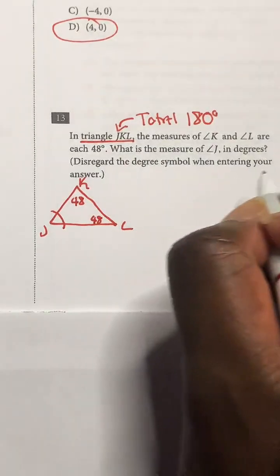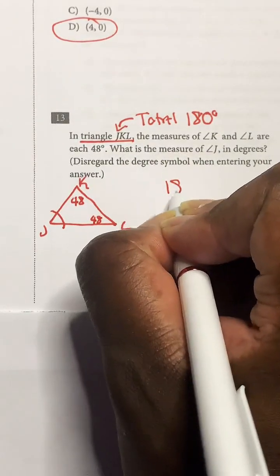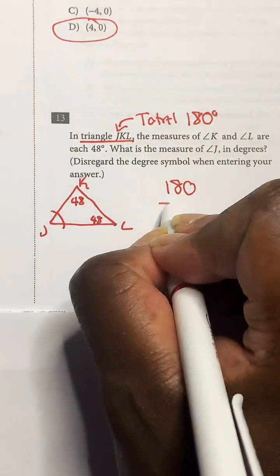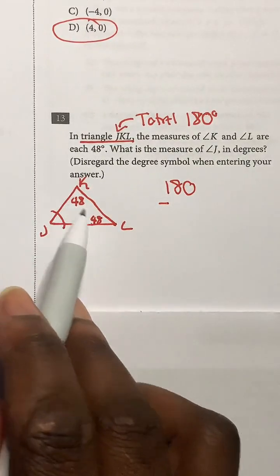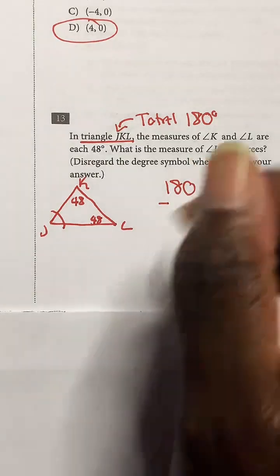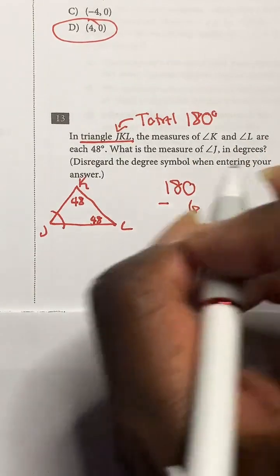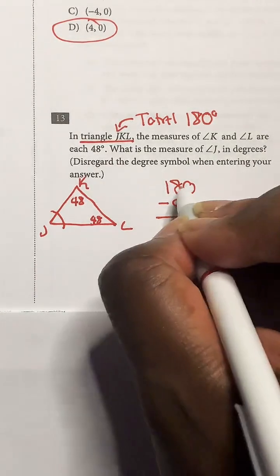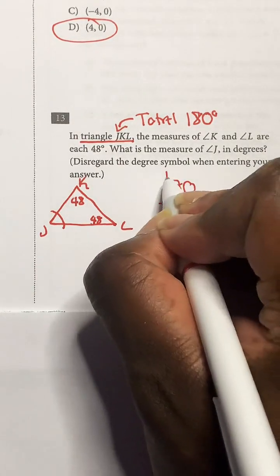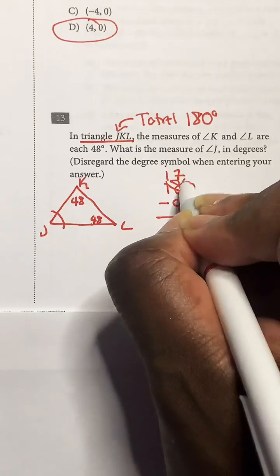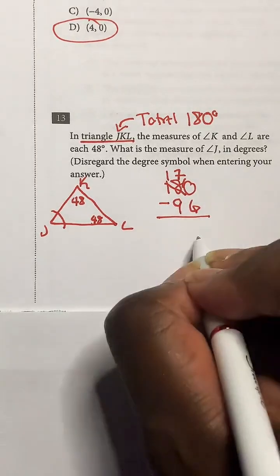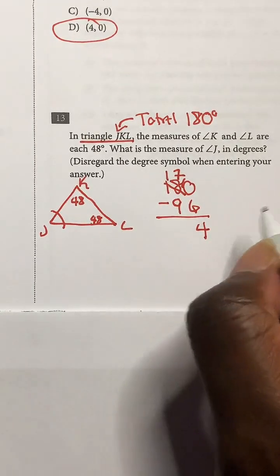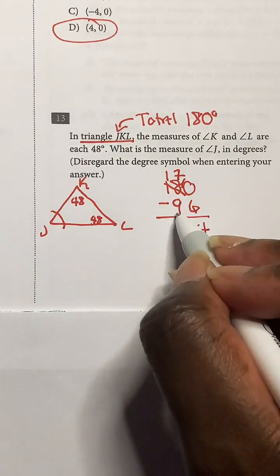So what you have to do is, you got your 180. You're going to subtract the sum of the 2 angles that we already know. So we got 16 carry over, that'll be 96. Then we're going to borrow from this 18, make it into a 17. Make that 0 into a 10, so you got your 4. And then how many 9s?